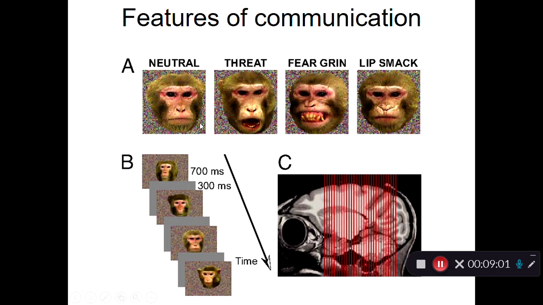But some of the things that you can do is you can simulate some kind of a scenario, or you can show an animal photos of different kinds of postural faces or facial gestures, and then you can look at what their brain is actually doing, which parts of their brain are responding to these different kinds of communications. And you would see a different kind of brain response to these different kinds of facial gestures, which suggests that they have some kind of meaning that is understandable, and that they're communicating something.